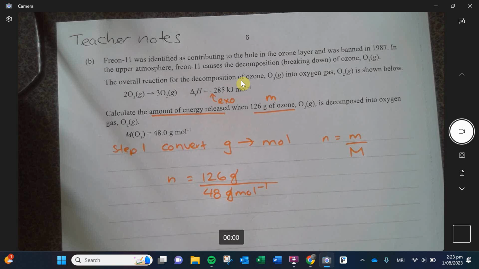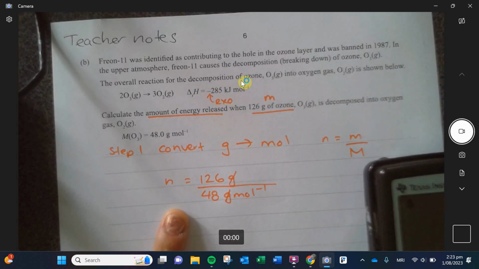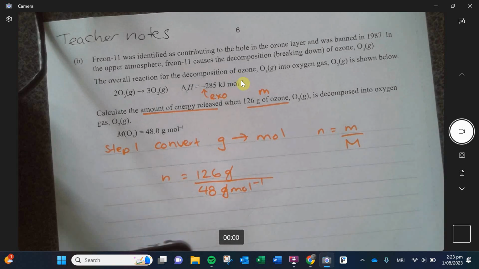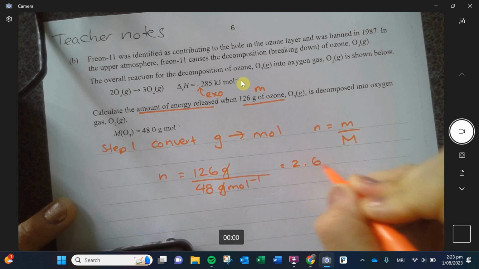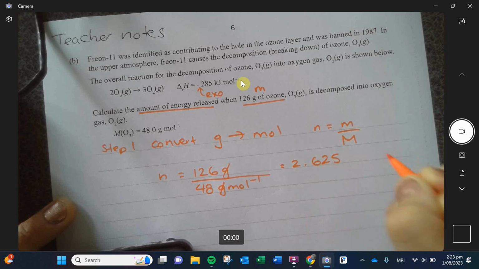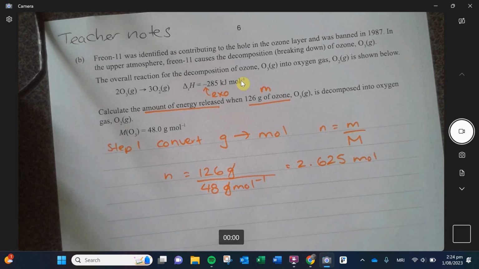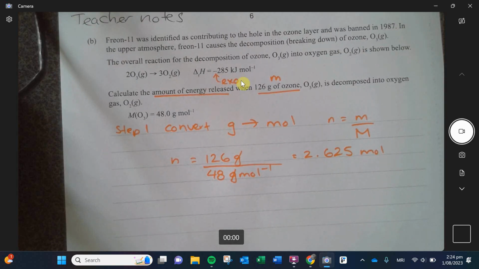So that tells me I'm going to get moles as my final unit at the end. So I've made sure it's set up correctly. So 126 divided by 48, and I get 2.625 moles. I'm not going to round at this point. I am not required to do so until my final answer.